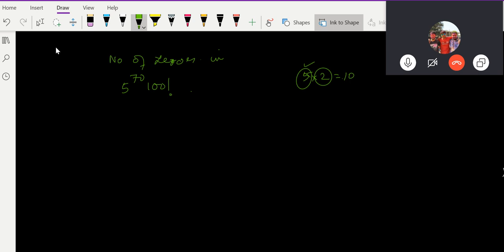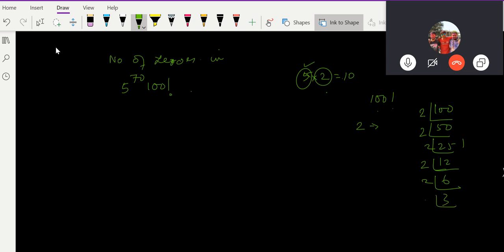In 100 factorial, how many 2's are there? Lots. Just 100 divided by 2 gives 50, then 25, 12, 6, 3, 1.